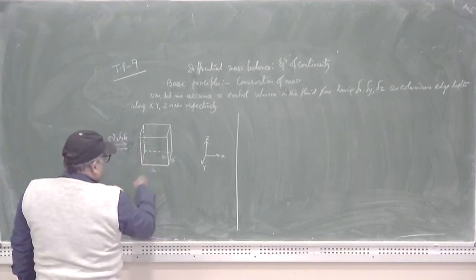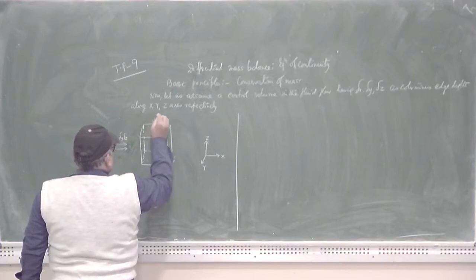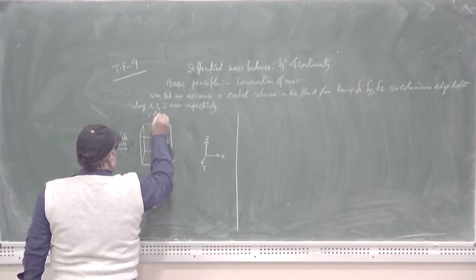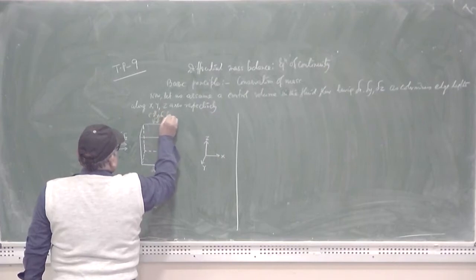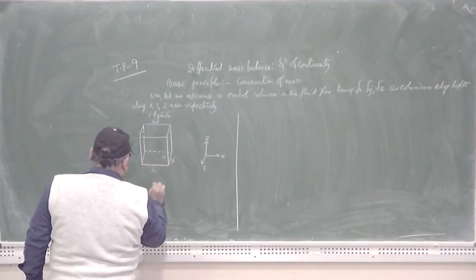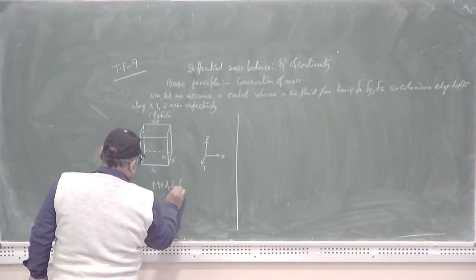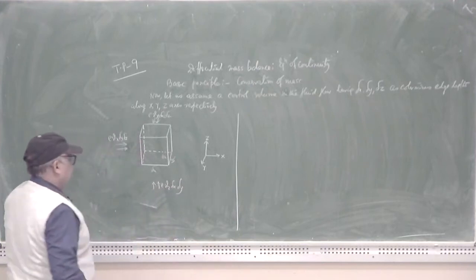Similarly, if I am taking the y direction into consideration, then this is the positive y direction. So here rho Vy delta x delta z, and for the z direction, it should be rho Vz delta x delta y.